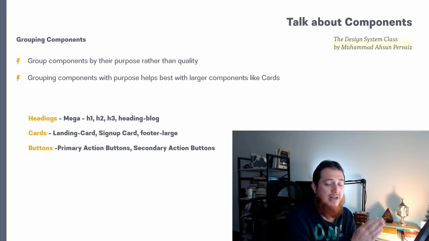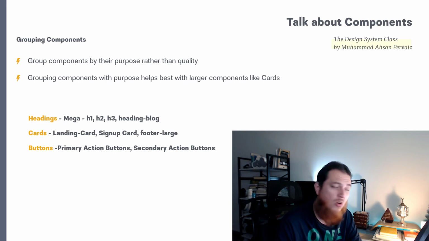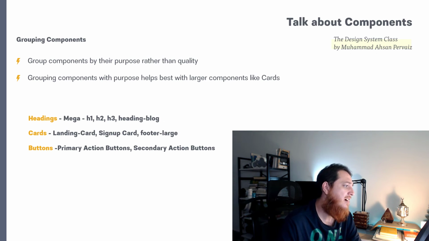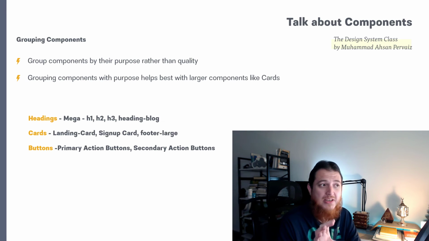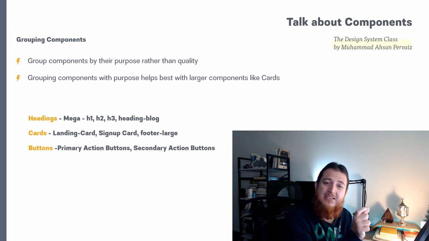So I am using the name based on the purpose of that heading, that it is going to be the heading of the blog post. Then we have cards: landing card, sign up card, footer large. So these are different cards that are page specific, or you can say name specific, that this name shows their purpose.